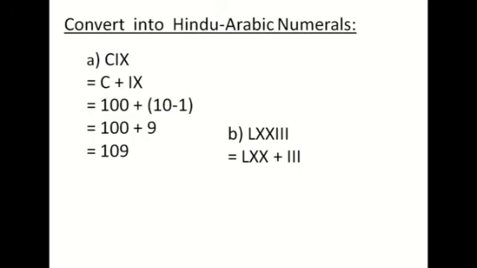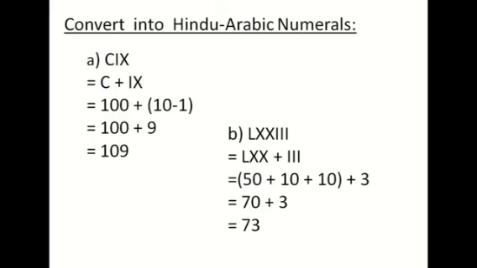L means 50 plus 10 plus 10, and there 1 plus 1 plus 1. So 50 plus 10 plus 10 gives you 70. 1 plus 1 plus 1 gives you 3. Okay. So write down the value here. 70 plus 3 gives you 73. Okay.